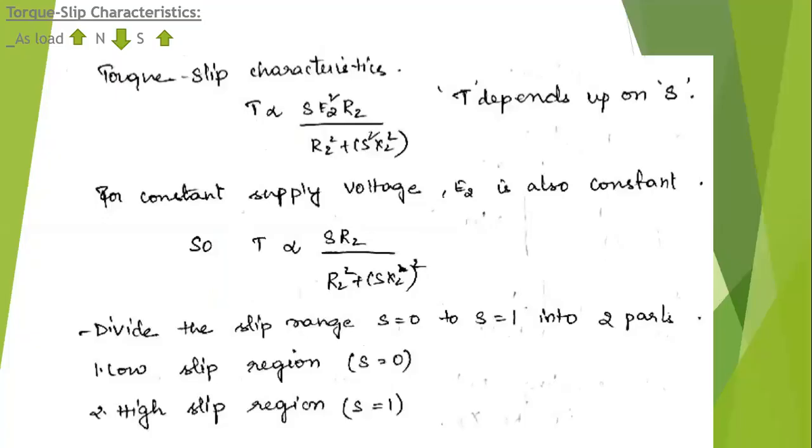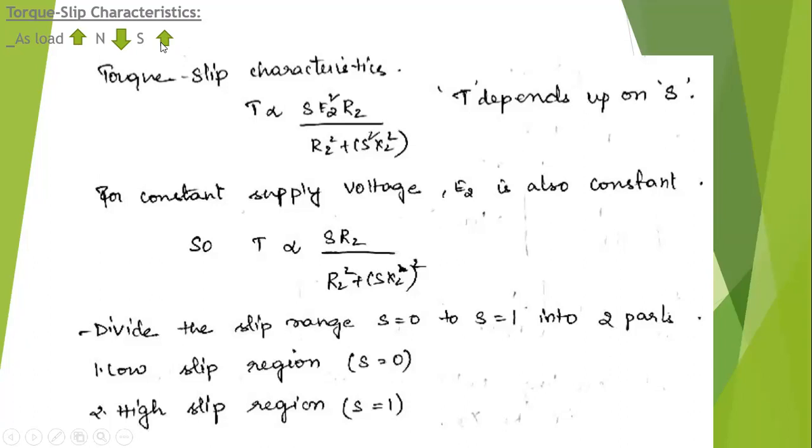See here, for a normal running induction motor, if you increase the load, that means if you put some load on the induction motor, what happens? The speed will be decreased. So due to that load, speed will be decreased, right? So as the speed decreases, S increases.